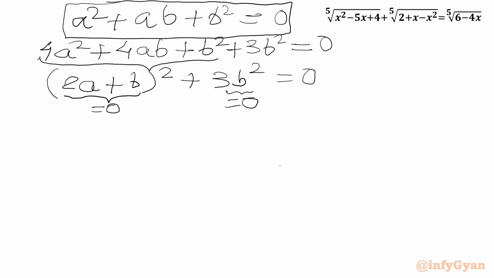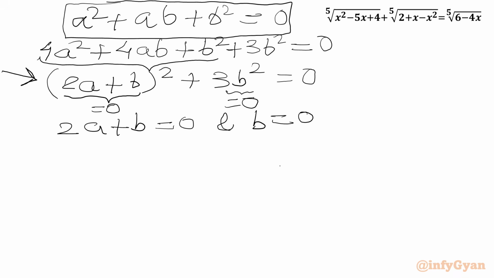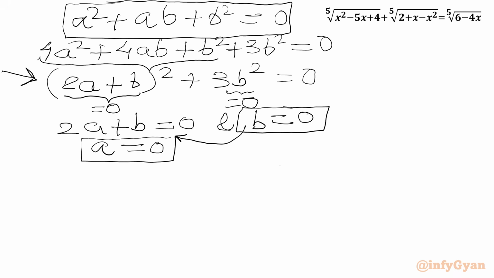So I can write two simultaneous conditions, 2a plus b equal to 0 and second condition is b equal to 0. Then only this equation will hold true. So from second condition it is b equal to 0, which we have seen earlier also. If I will plug in b equal to 0 over here, we are going to get a equal to 0, which we have already solved.